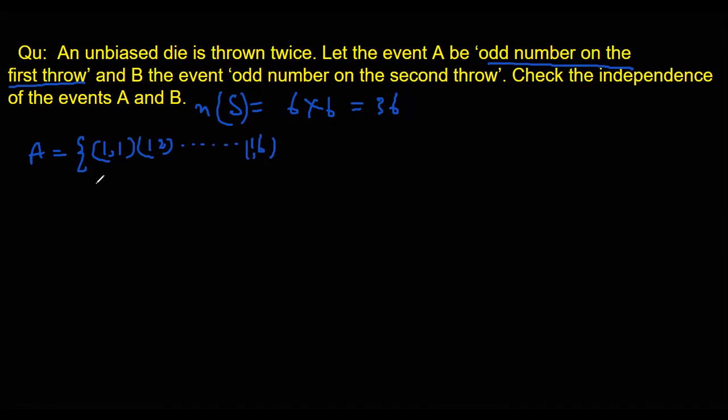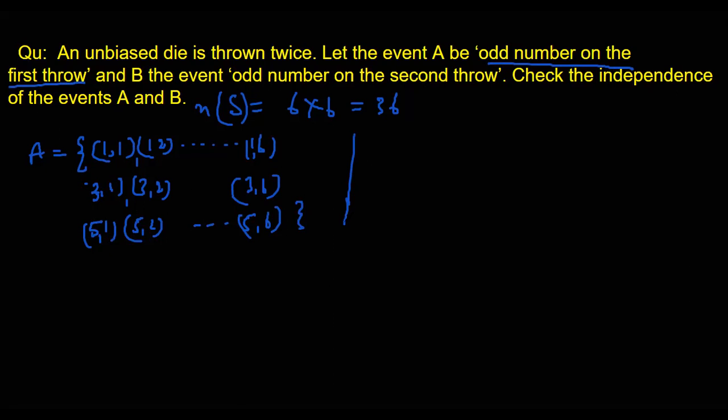And then it will be 3 1, because it is an odd number on the first roll. 3 1, 3 2, and so on and so forth. It will go up to 3 6. And also I'll have 5 1, 5 2, and go up to 5 6. All right, so we see 6, 6, 6, 18 elements in A.